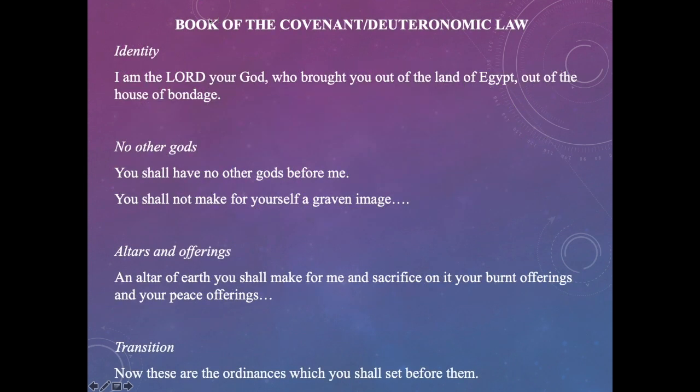The Book of the Covenant, which is basically Exodus 21 through 23, as well as Deuteronomic law, follows a similar structure to what we see in the treatise or code of Hammurabi. First of all, the identity of the lawgiver is given. But here it is the Lord your God who brought you out of the land of Egypt, out of the house of bondage.